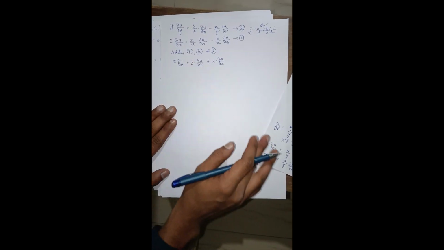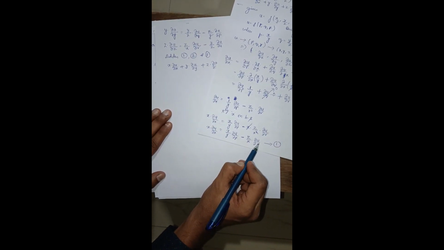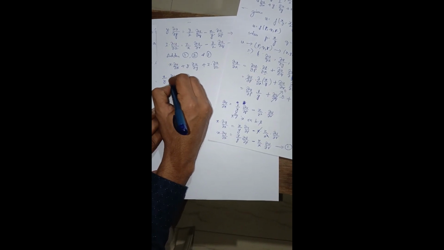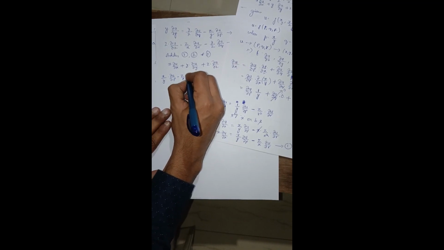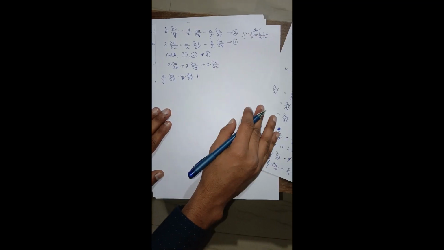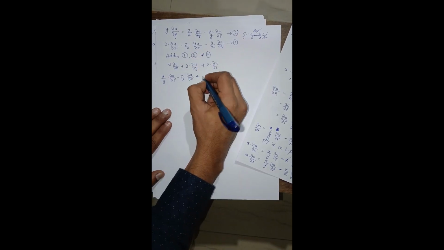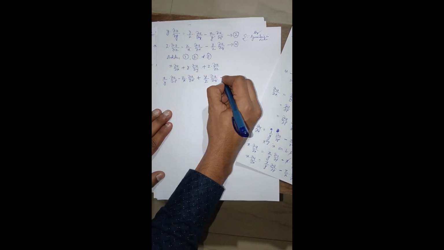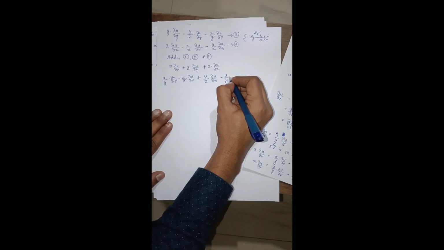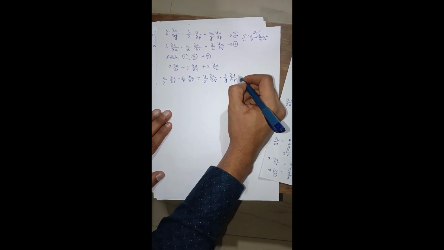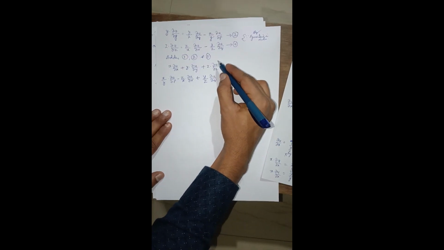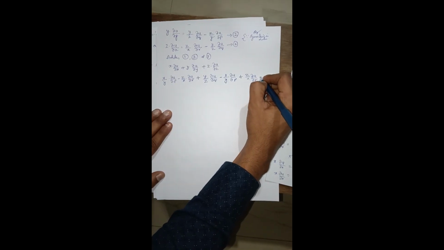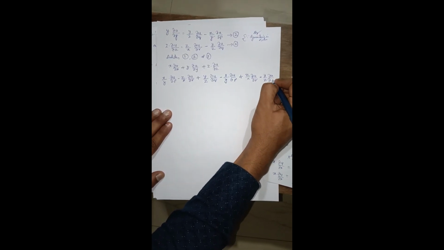Now x into ∂u/∂x, that is equation number 1, says x by y into ∂u/∂p minus z by x into ∂u/∂r, plus y into ∂u/∂y, that is y by z into ∂u/∂q minus x by y into ∂u/∂p, plus z into ∂u/∂z says z by x into ∂u/∂r minus y by z into ∂u/∂q.